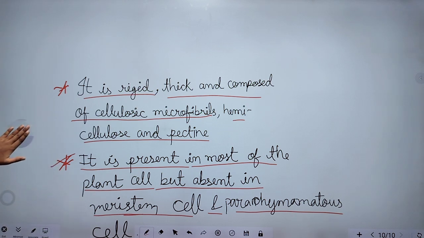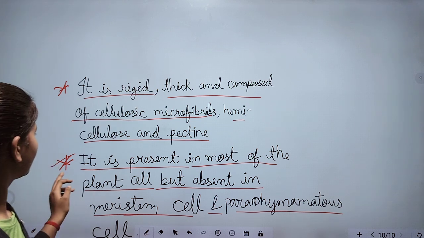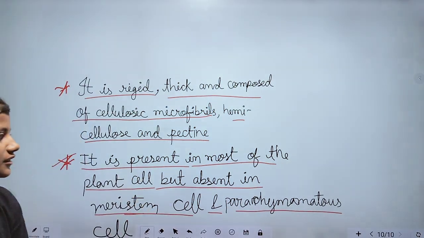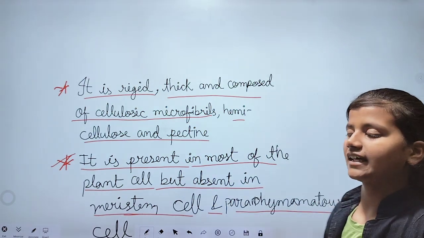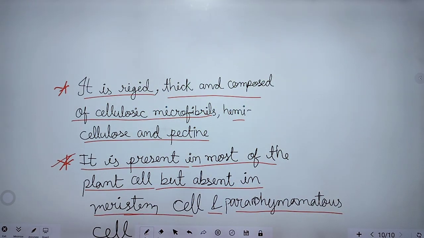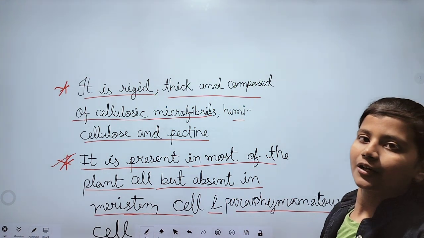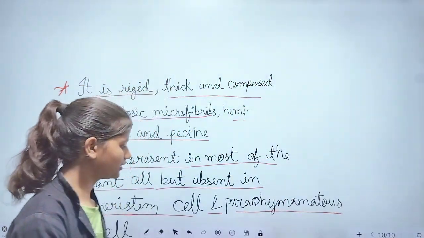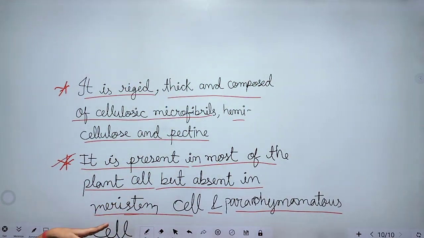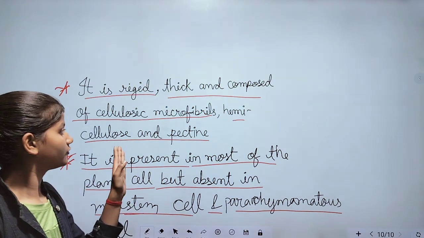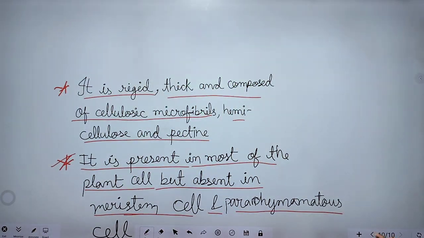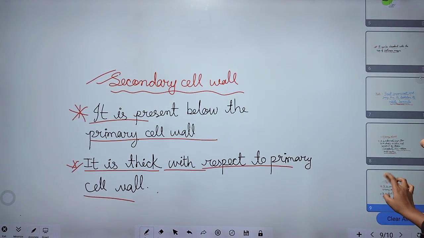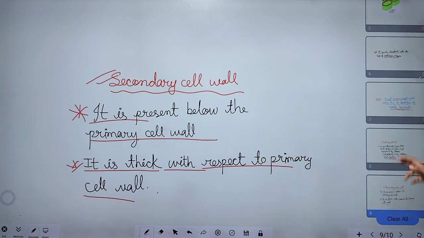Secondary cell wall is present in most of the plant cells, but it is absent in meristem cells and parenchymatous cells. Okay, in both cells secondary cell wall is absent. I hope you understand what is secondary cell wall and what is primary cell wall.